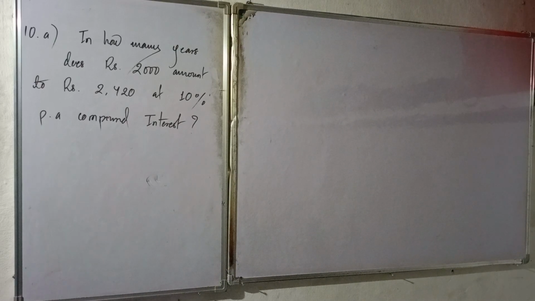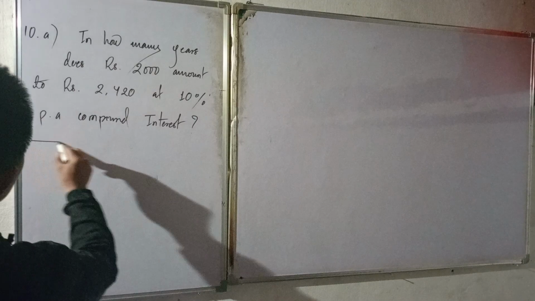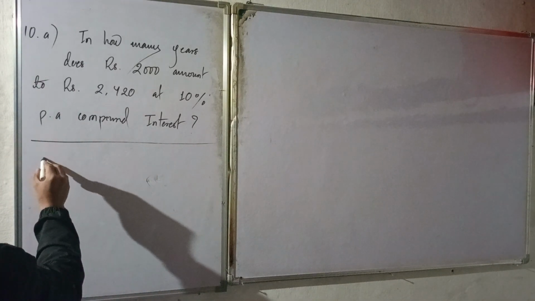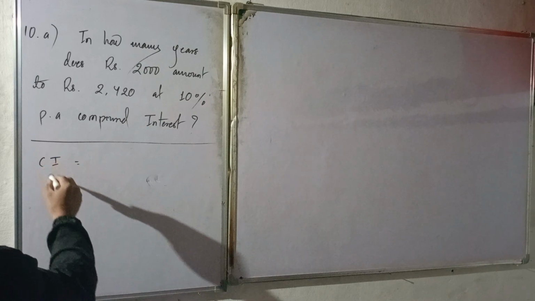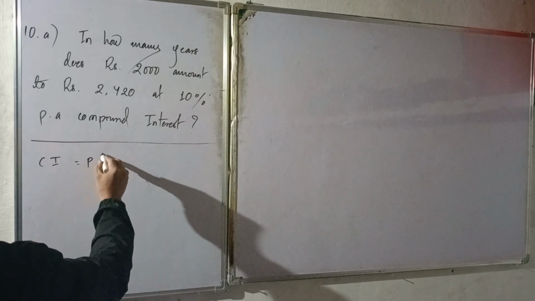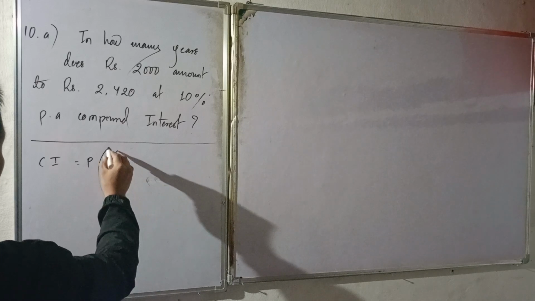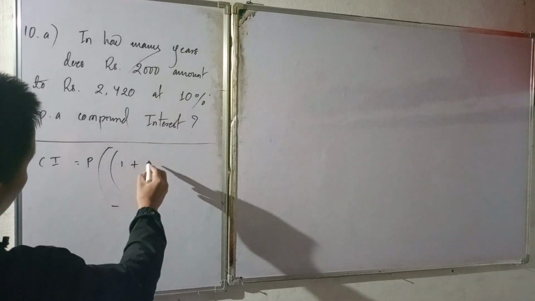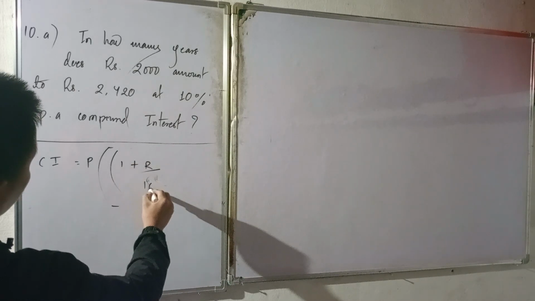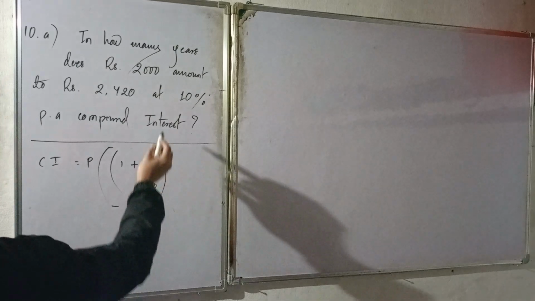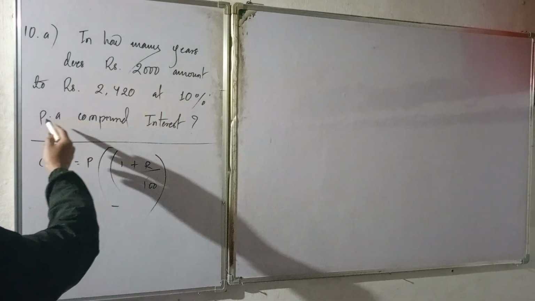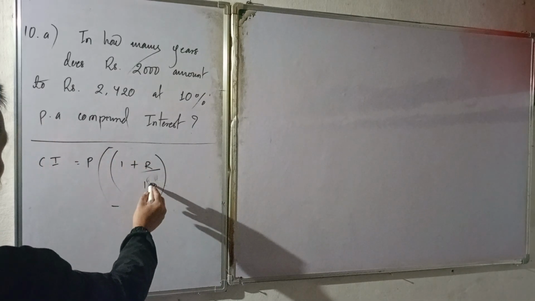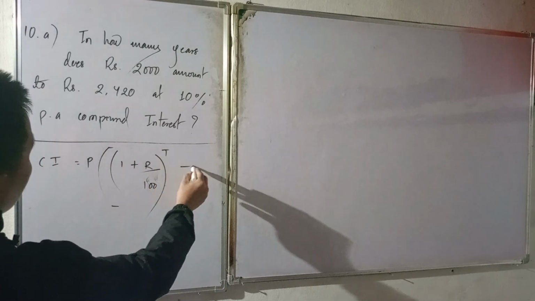Here we'll be using the compound interest formula. The formula for compound interest is P times bracket 1 plus R by 100, since it is compounded annually per annum, power T, minus 1.